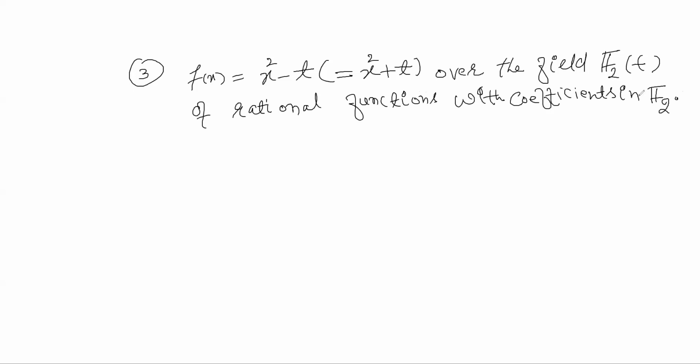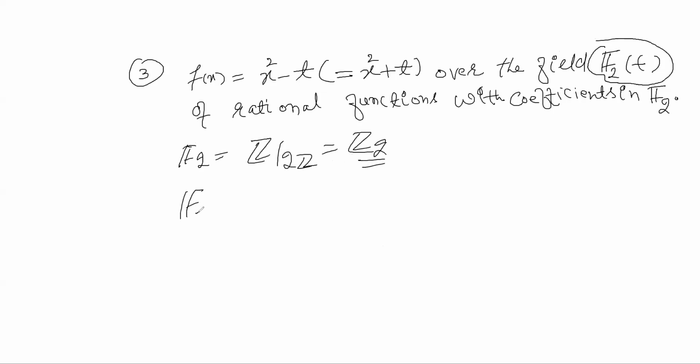So do you understand this field F2(t) or not? Tell me. Should I tell you? Yes, sir. What is this field F2(t)? This is the field of rational functions with coefficients in F2. F2 you know, right? F2 is actually Z mod 2Z, or you can say Z2. Now this field consists of rational functions. They are polynomials but rational functions.